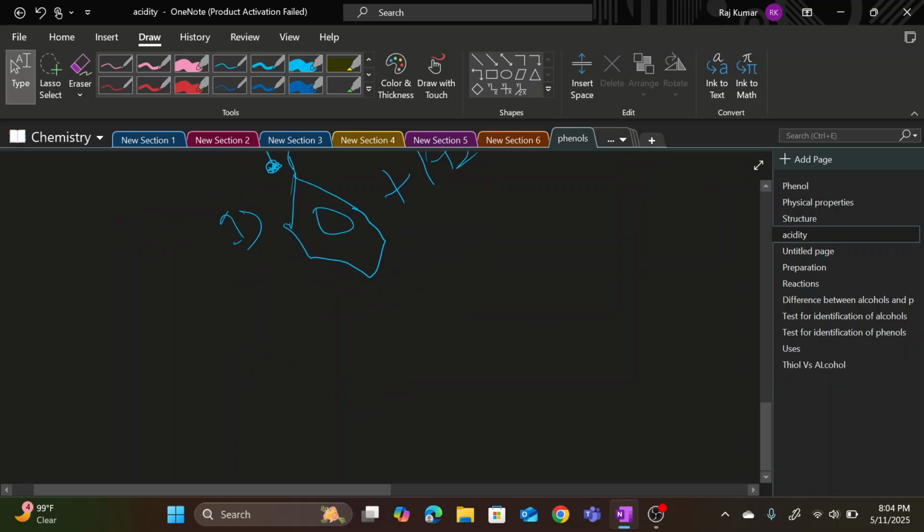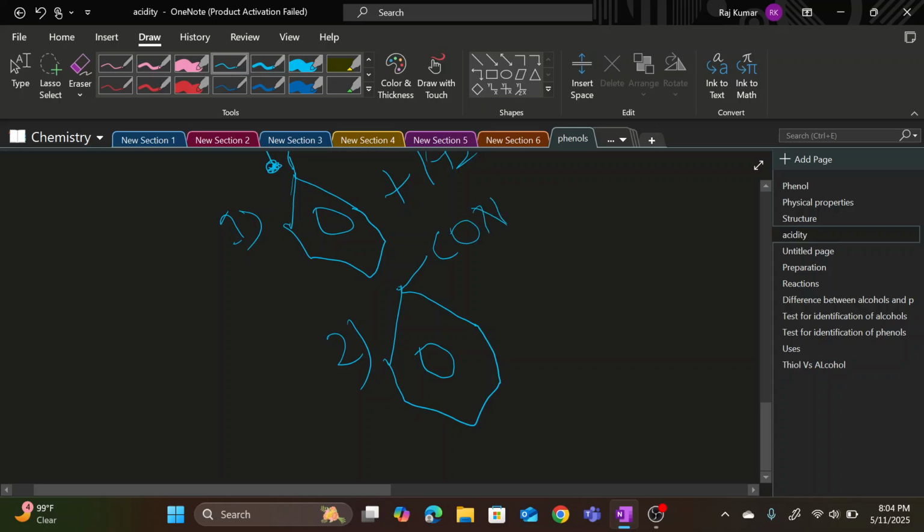And that sodium phenoxide, when it further reacts with carbon dioxide, produces sodium hydroxybenzoate. Just try to draw the structure.